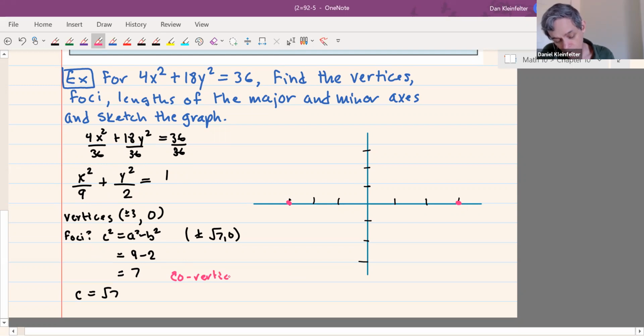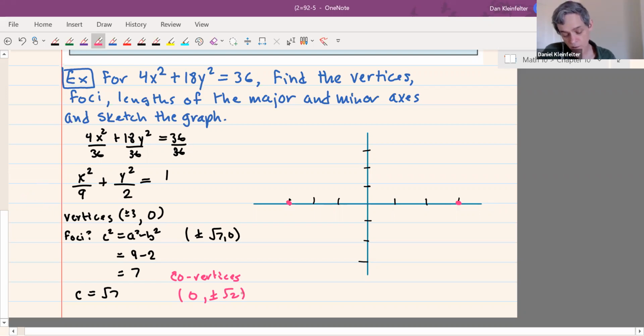The co-vertices are the endpoints of the minor axis. And so when x is 0, y will be plus or minus root 2. You can get that by taking a look at the original equation and letting x be 0. When x is 0, what does y have to be?